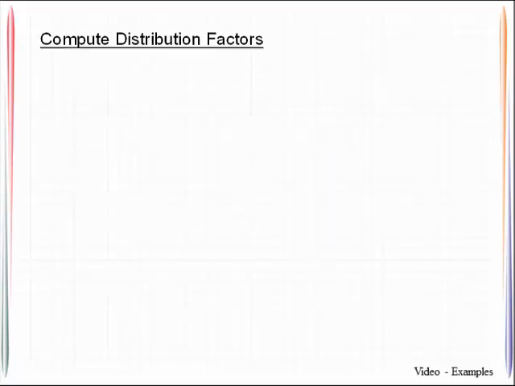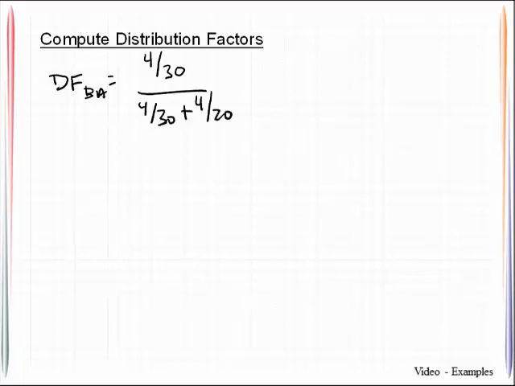So we can now compute our distribution factors. We're going to look at joint B first. Distribution factor of BA is equal to the stiffness of BA over the total stiffness at that joint. So that's just the summation of everything that's coming in at that joint. So that'll work out to be 0.4.